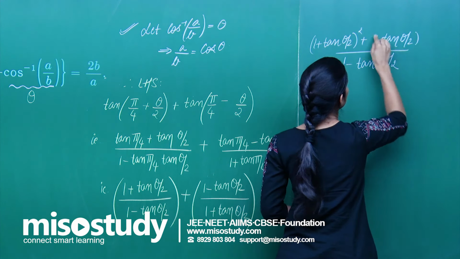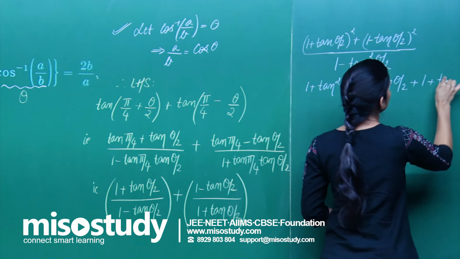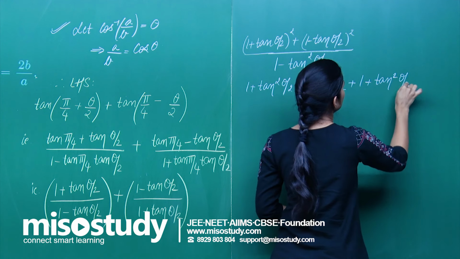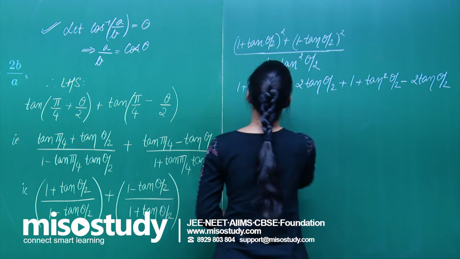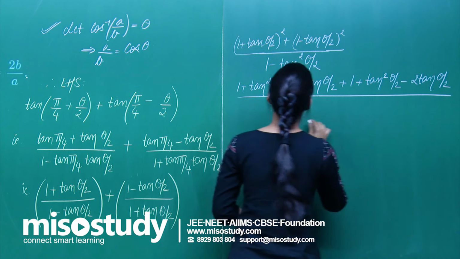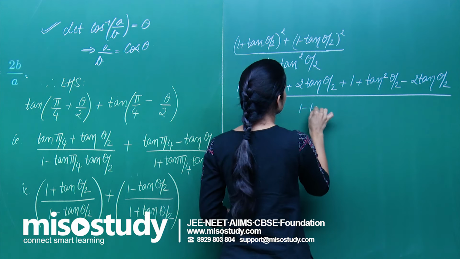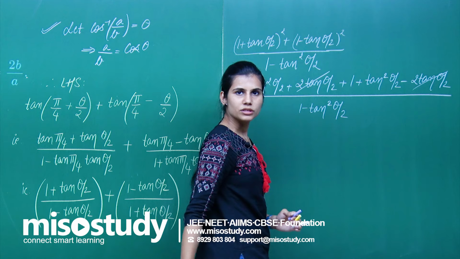This comes out to be what? A square plus b square plus 2 tan theta by 2 plus again a square plus b square minus 2 tan theta by 2 whole upon 1 minus tan square theta by 2. Clearly this gets cancelled out.